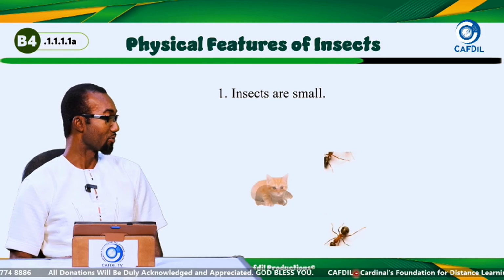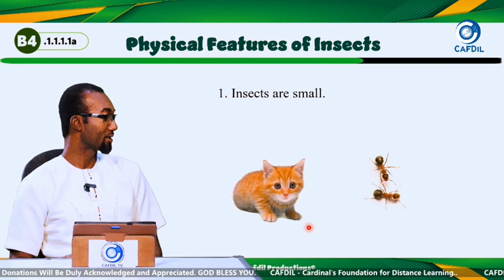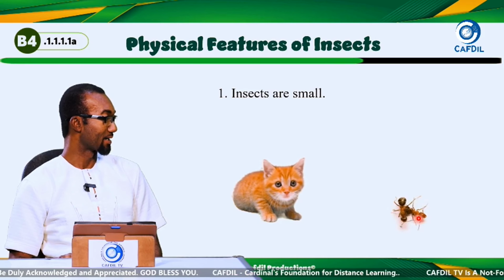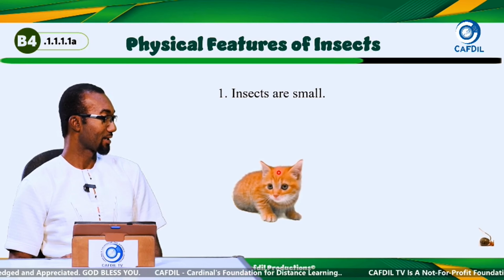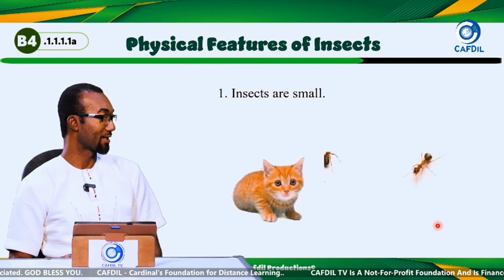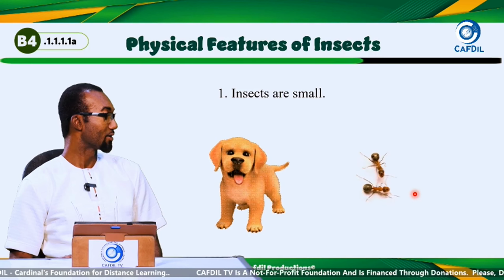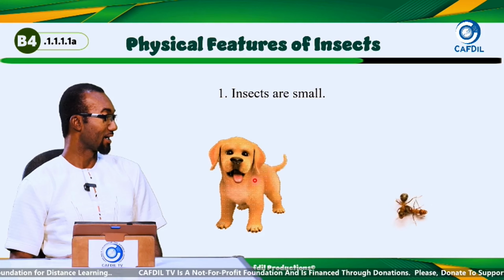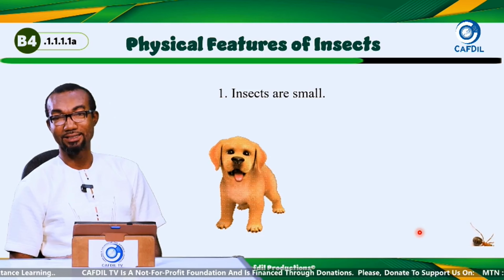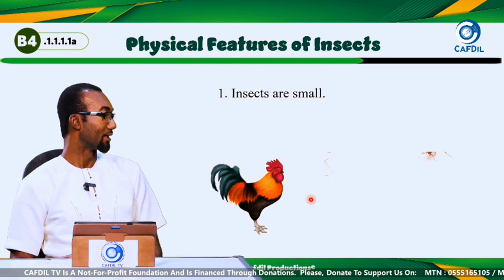So insects are small. Let's look at the cat too. Let's look at the size of the cat and the size of the ant. You see that the size of the cat is bigger than that of the ant. So that tells us that insects are small. Let's look at this dog too. You see that the dog is bigger than the ant here. Let's look at this cock too.